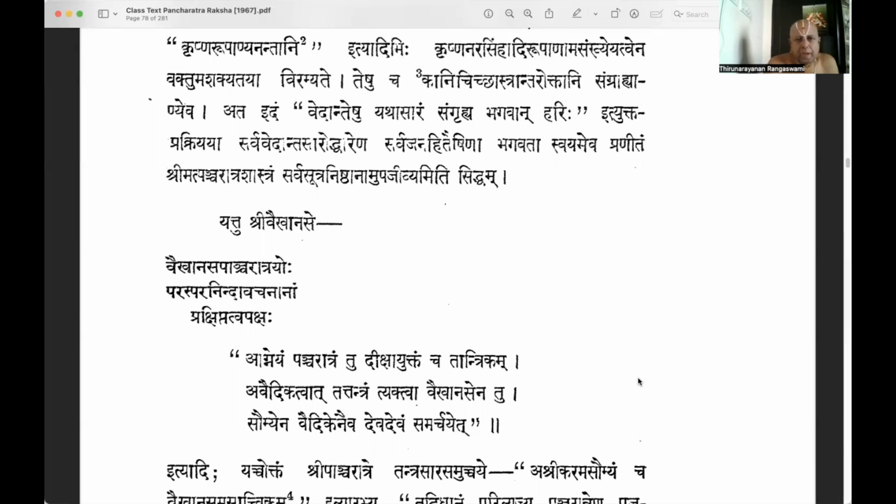kanichit shastrantaroktani sangrashyani eva. We might get the procedure in specific cases of either 2 hands or up to 16 hands. Kanichit, a few, shastra antara uktani.